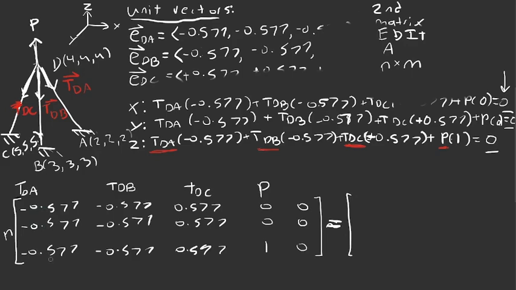So there's going to be 3 values here. Actually, scratch that. You can just input 4. You don't have to put in this column of zeros if you don't want to. So you can just do 3 times 4, or just however many columns have your unknowns in them. Does that make sense?